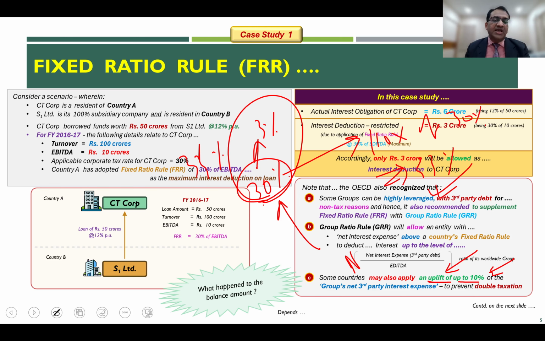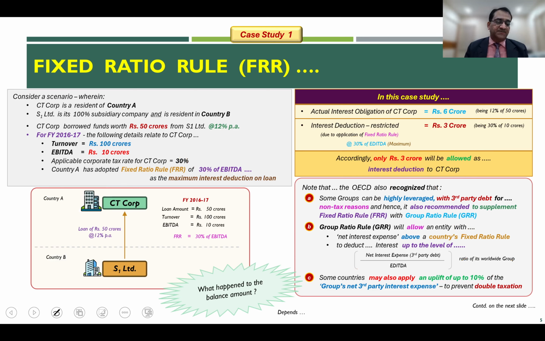When we go to case study number 3, I will explain this concept by way of a numerical example, how this uplift works. Now, one more important thing: why is this uplift given? This uplift is given possibly to avoid double taxation. Why so? Let us see.